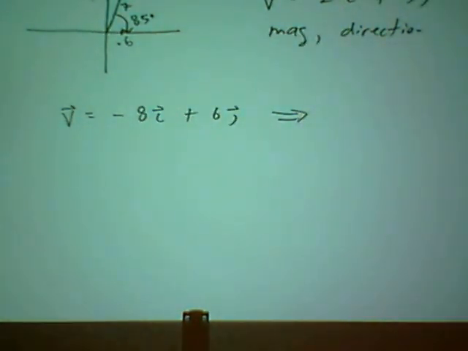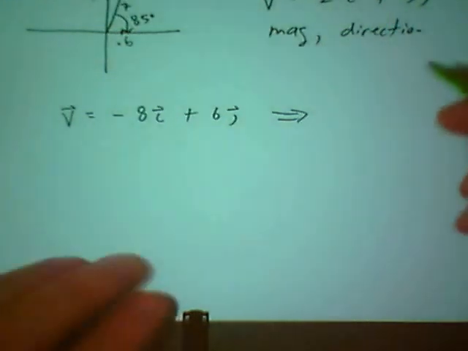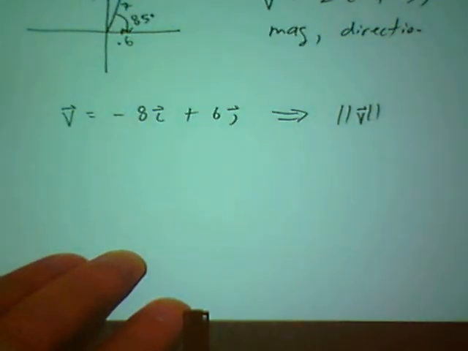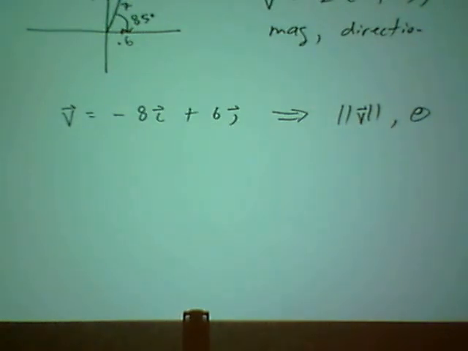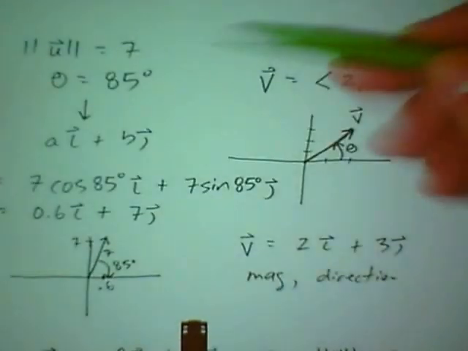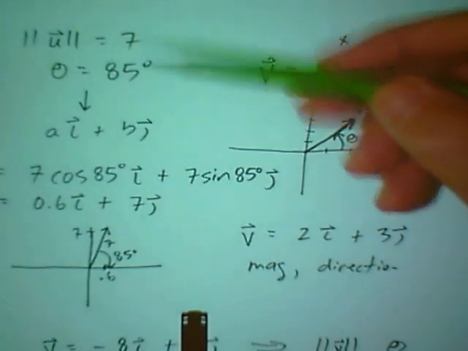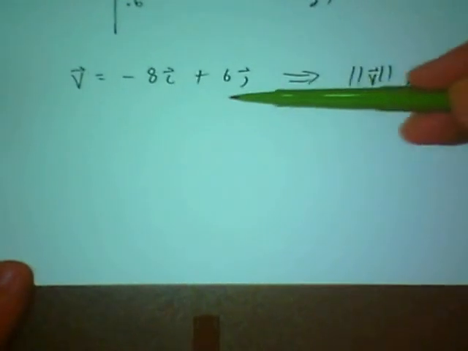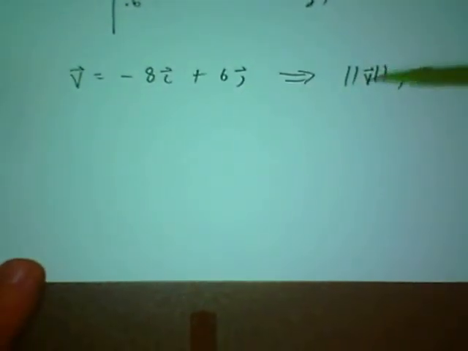I want to take that vector and rewrite it with the magnitude of the vector v and the angle. In the last problem I went from magnitude and angle to ij. Now I'm going to go the other direction, from ij to magnitude and angle.